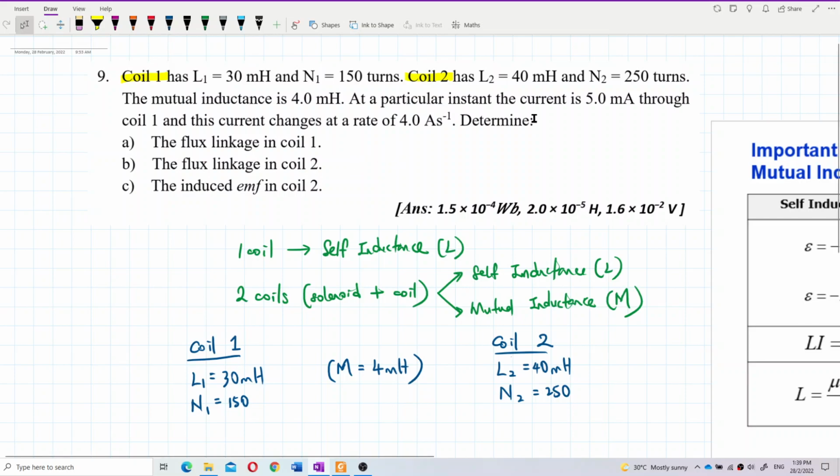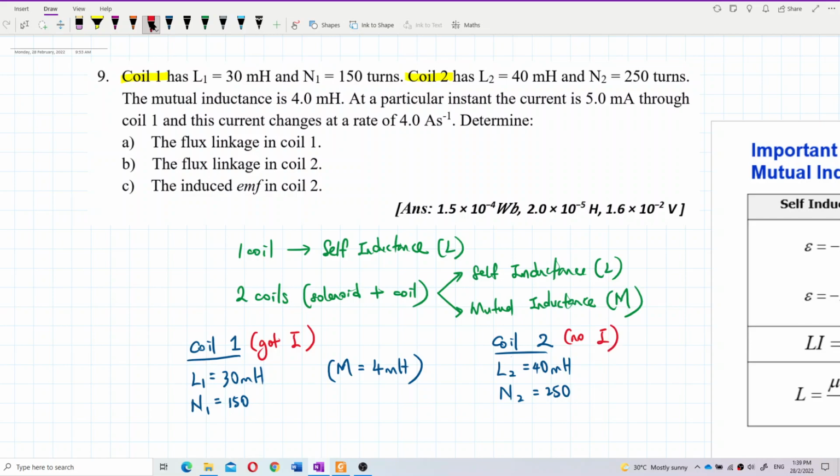At a particular instant, the current is 5 milliampere through coil 1. So which coil has current? Coil 1 has current, and this one has no current.